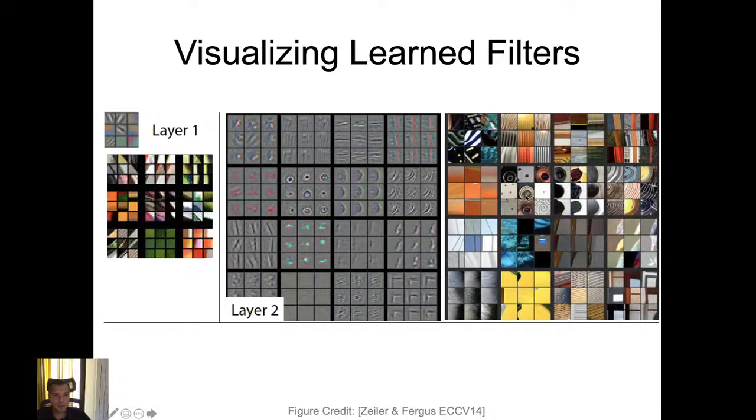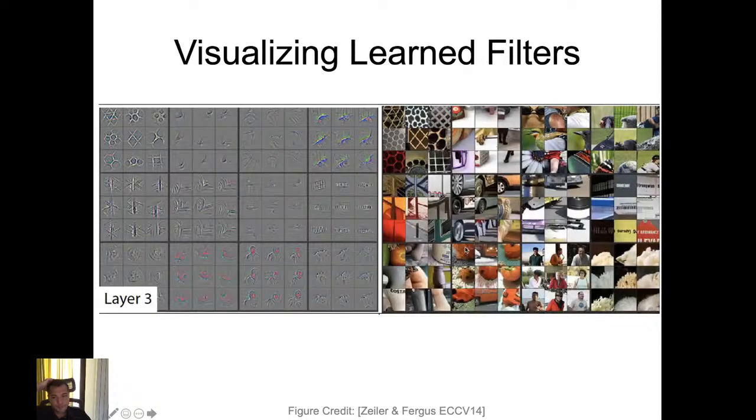This one seems to activate on holes or things that look like holes, like eyes. The patterns here are more complex, and these are formed by combining the filter responses from the previous layer. We also see bars here and so on.